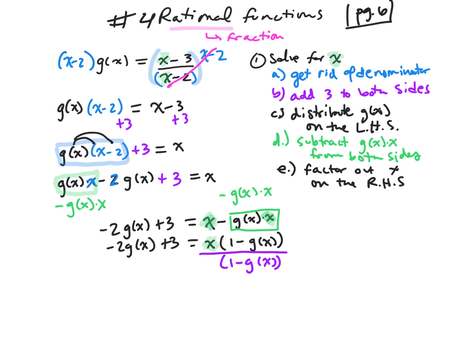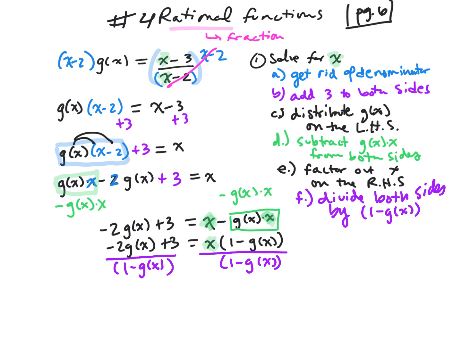So I divide both sides by 1 minus g of x to get x alone. That is canceling. I'm going to rewrite this a little bit because I have this positive 3 minus 2g. Divided by 1 minus g of x equals x.